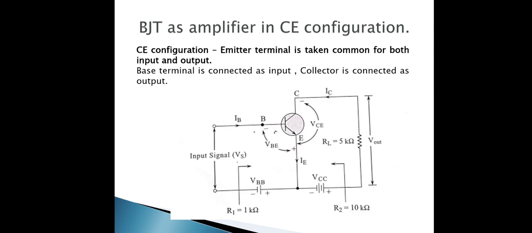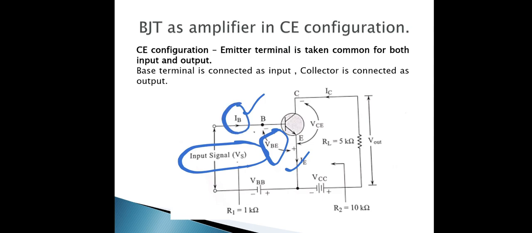So when an input signal Vs is applied at the input circuit, that is between the base and the emitter, it will change the value of VBE. Because of the applied input signal Vs, VBE will change. As VBE is changing, IB will also change.